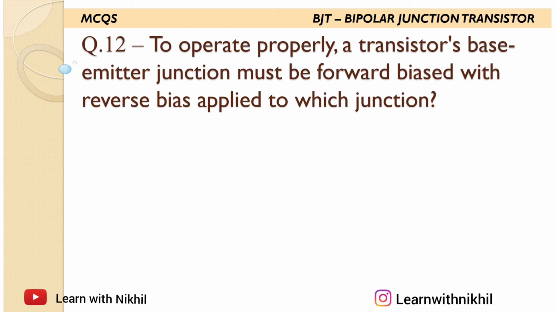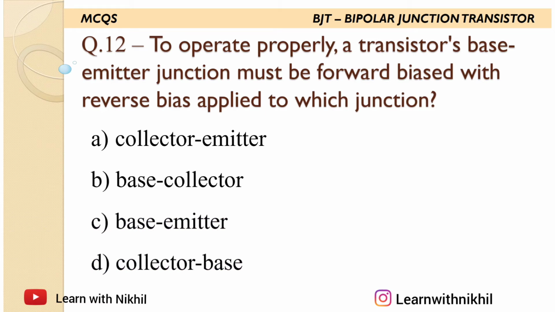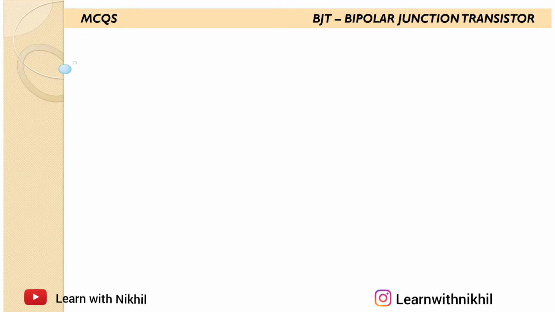To operate properly, a transistor's base emitter junction must be forward biased with the reverse bias applied to which junction? A, collector emitter; B, base collector; C, base emitter; or D, collector to base. And the answer is collector to base.